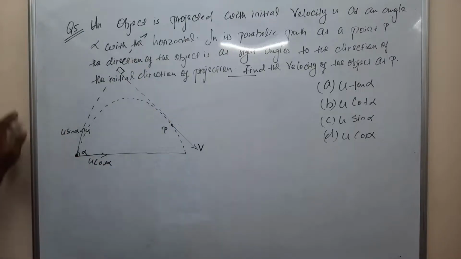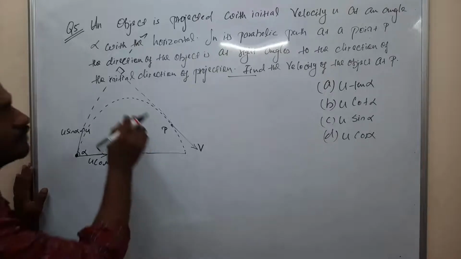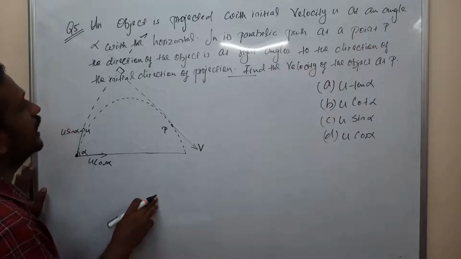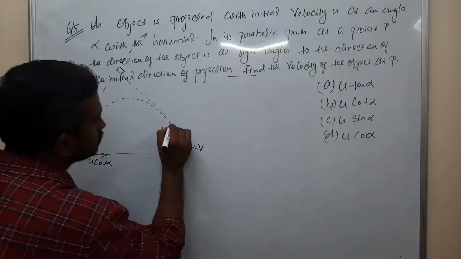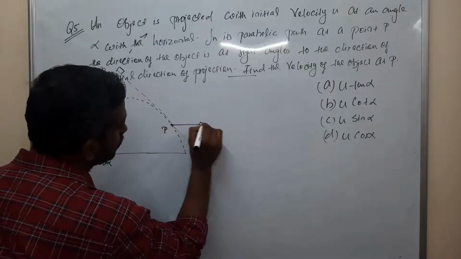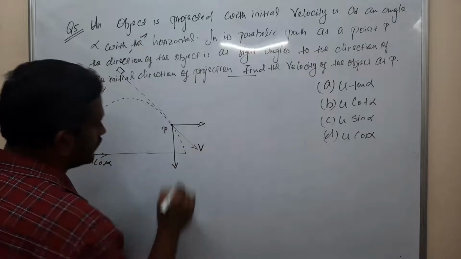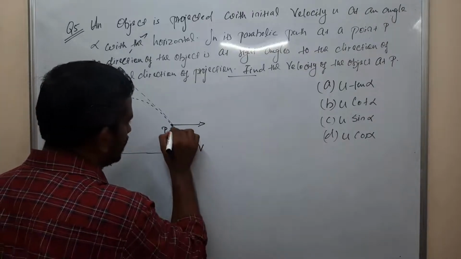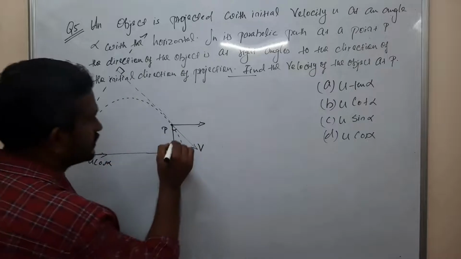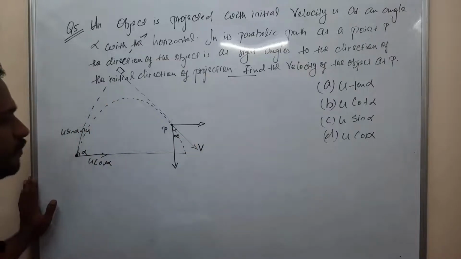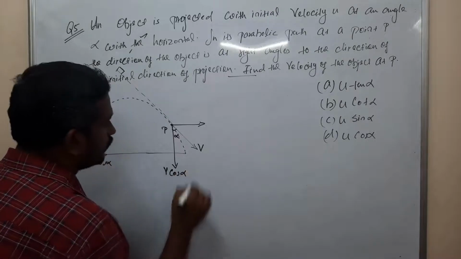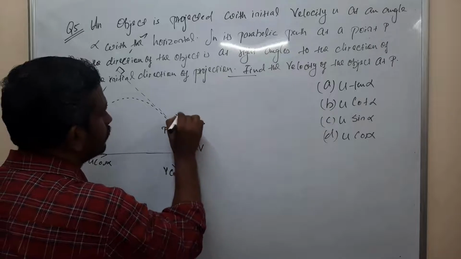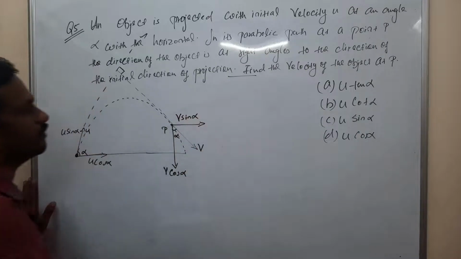It is a condition given. So this makes an angle alpha, the same angle alpha. So this is V cos alpha and this is V sin alpha.